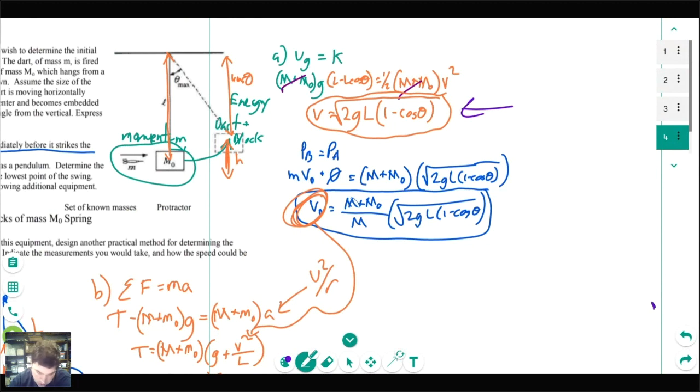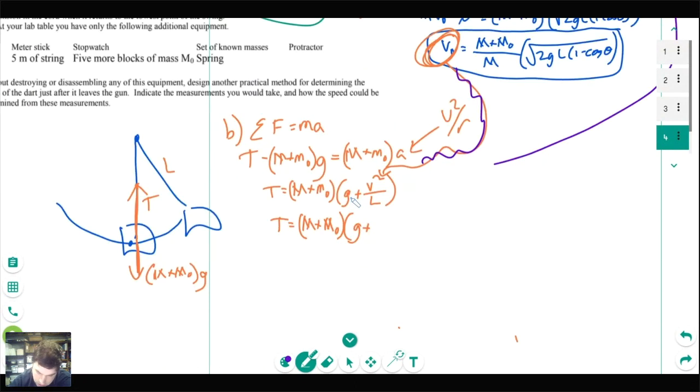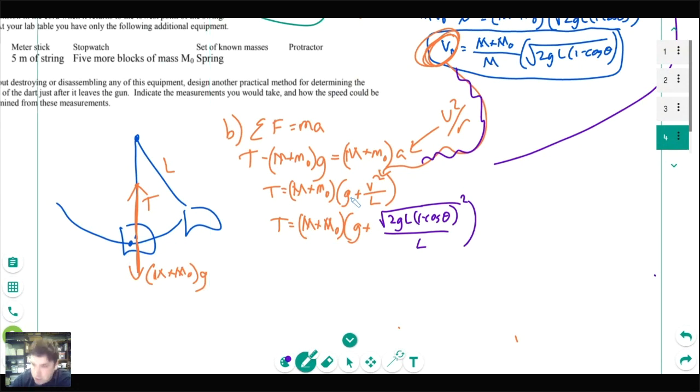So no, ignore that. We are not taking this one through here. We're taking that V down there. Okay. So this is the square root of 2gL 1 minus cos theta over L squared. That is at least nicer math.